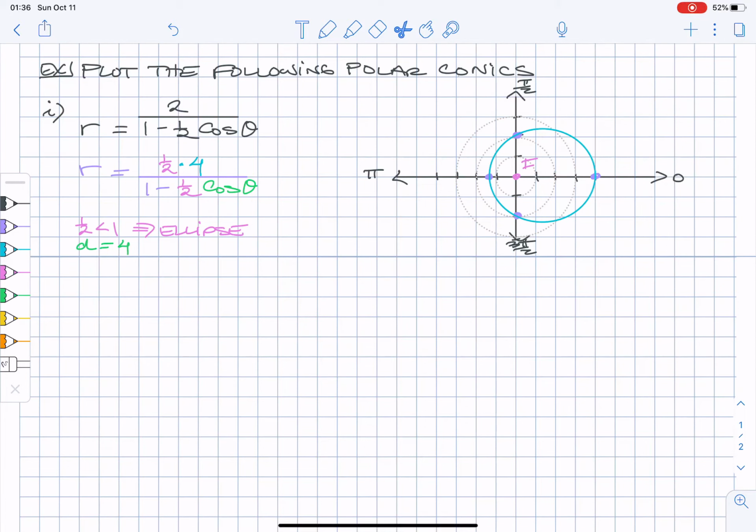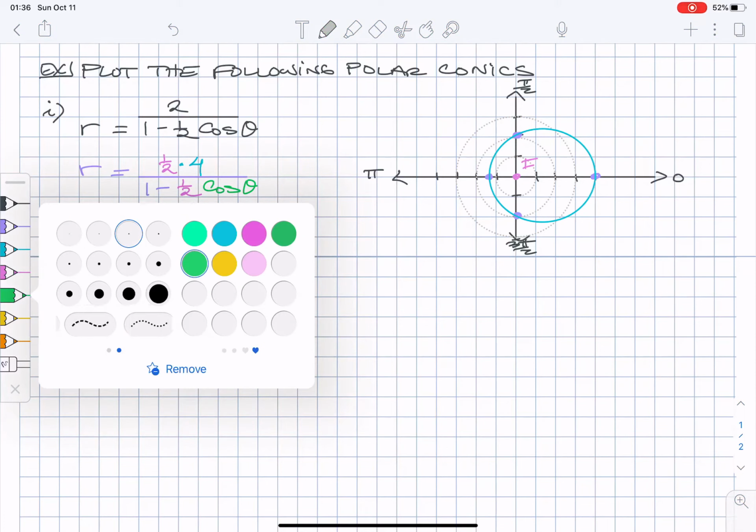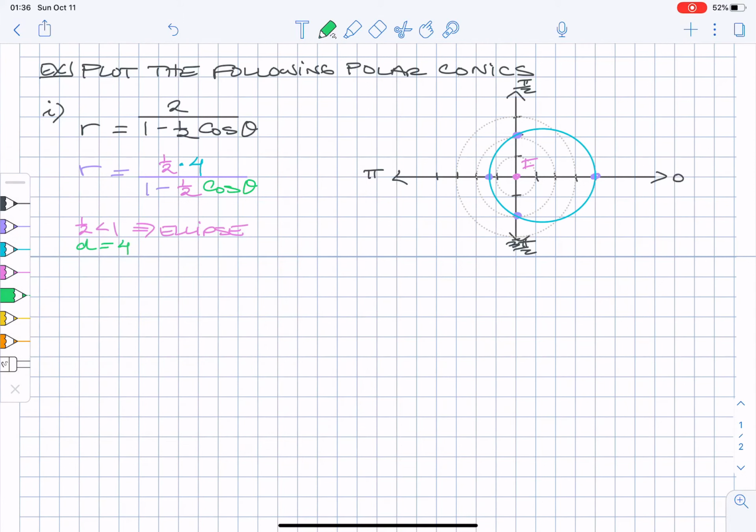Okay, but what about this mysterious directrix? Well, the directrix is at a distance of 4 from the pole in the direction 1, 2, 3, 4. Now, we're used to having negative cosine, meaning we open to the left.